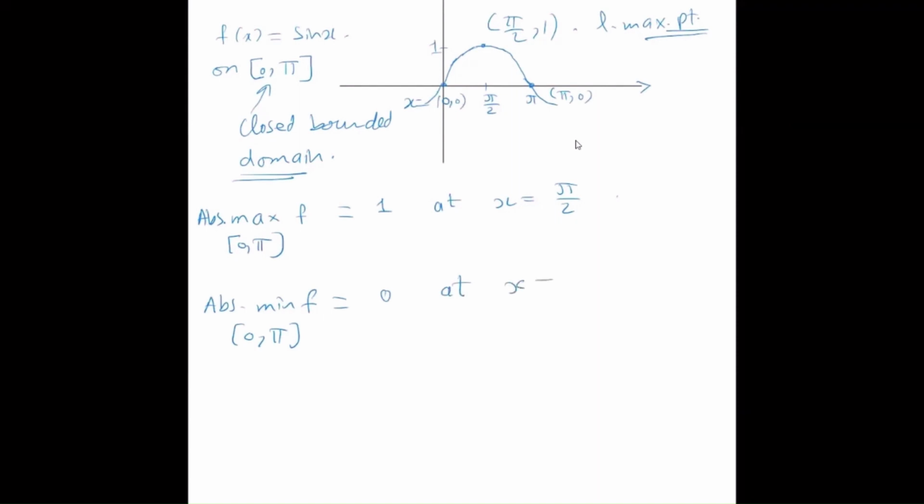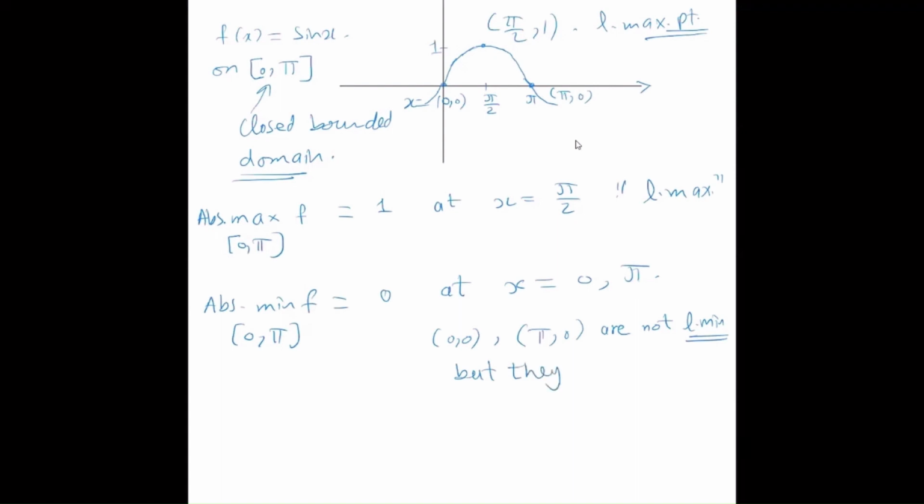At which x? At x equals 0 and pi. Here, it's the local maximum point. Here, is 0 local minimum or pi local minimum? No, they are not local minimum. But they are the corners, they are the endpoints.